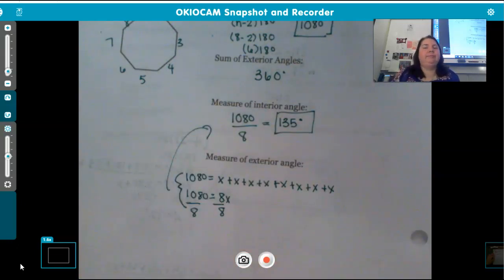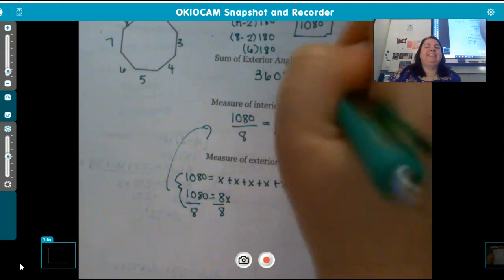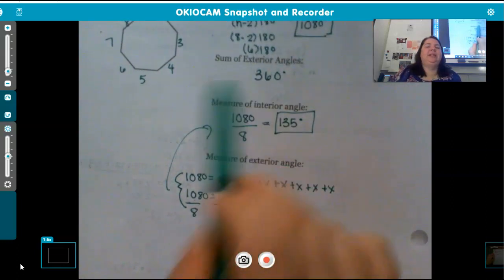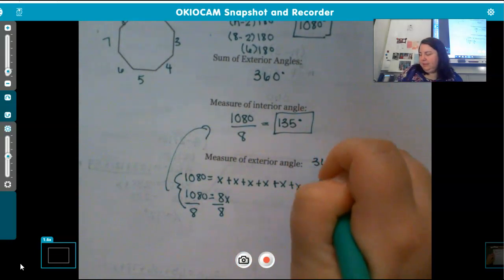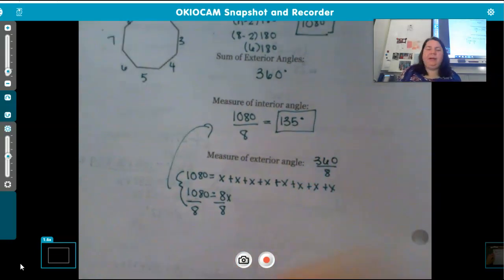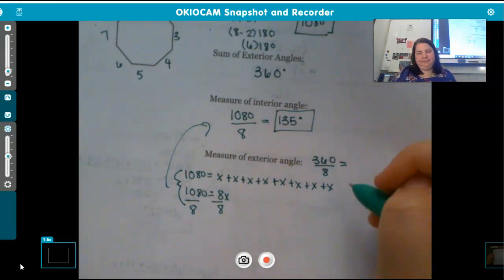Exterior angle, right here. 360 divided by 8, because all together they have to equal 360. There's 8 of them. They all equal the same thing, so we're dividing by 8. What does that give us?